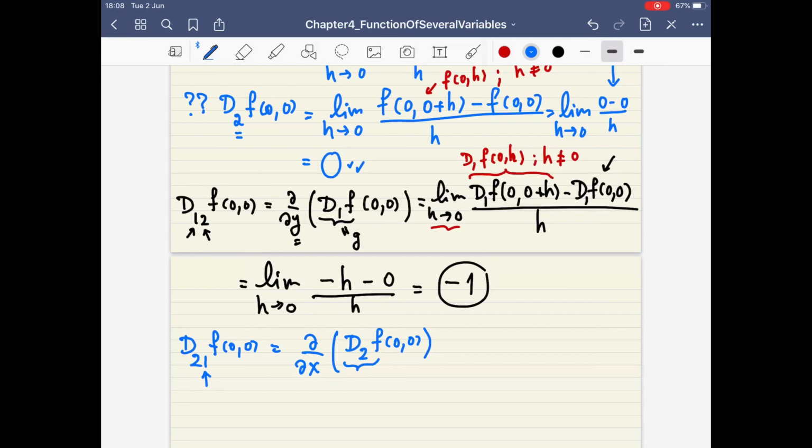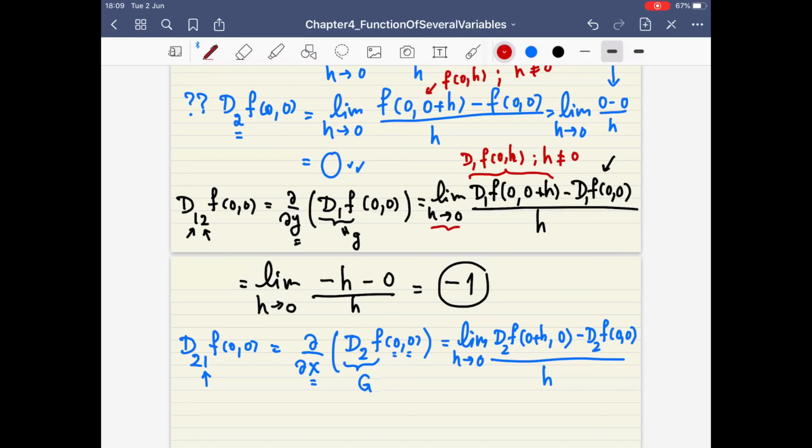Now you regard your d2 f as a function, capital G, and you need to find a derivative of this capital G with respect to x at this particular point. So it is again the limit as your h goes to 0 of G, your x changes, your y is fixed, minus G of this point over h.